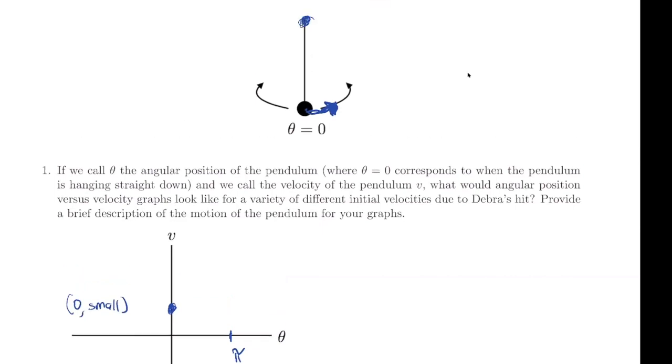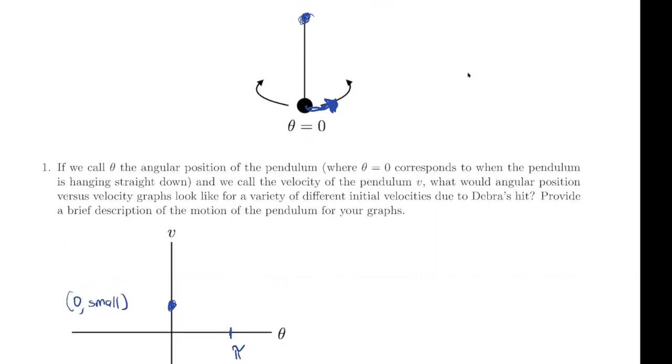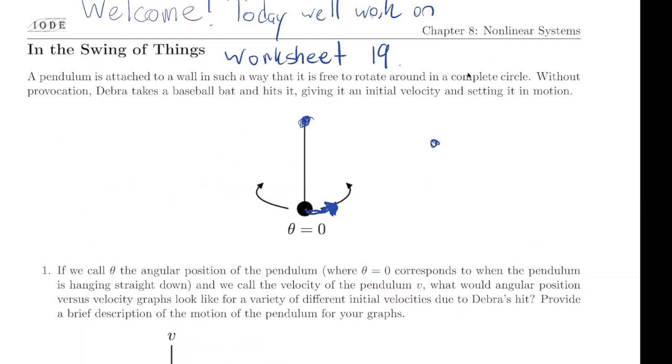Just so it's clear what an angle of pi would mean, the pendulum is up here at an angle of pi. Pi means it's sitting perfectly vertically up, and 0 means it's sitting perfectly down. If I give this pendulum a little bit of velocity, it's not going to rotate all the way up to pi.